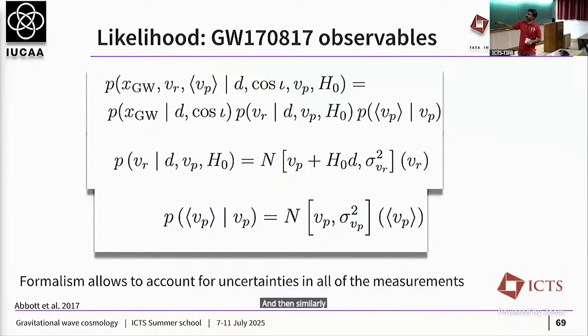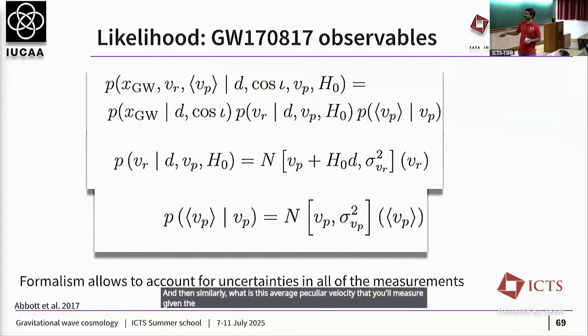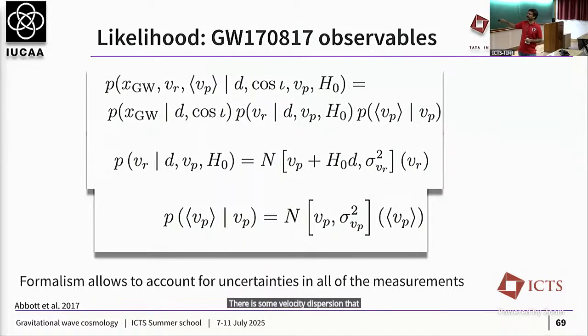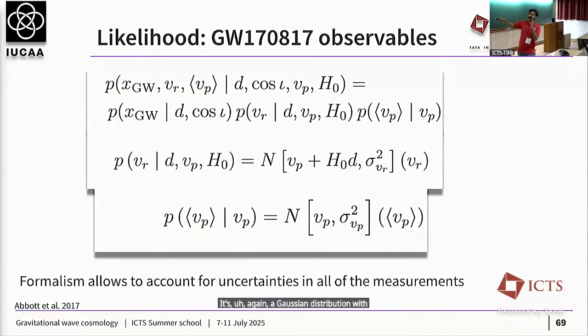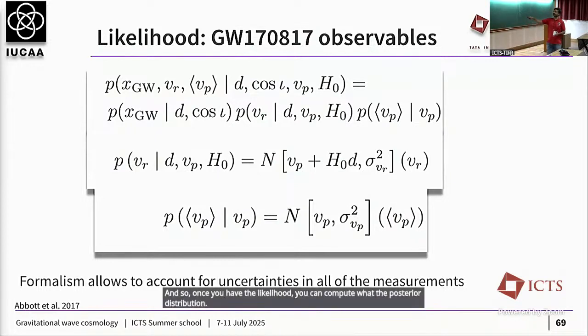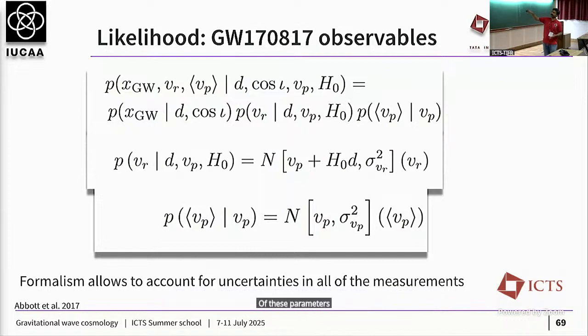Similarly, what is this average peculiar velocity that you measure given the peculiar velocity of the galaxy? There is some velocity dispersion present, the error on the peculiar velocities. So it is again a Gaussian distribution with V_P as the mean and sigma squared as the variance. This allows us to write the likelihood. And once you have the likelihood, you can compute what the posterior distribution of these parameters will look like given the data.